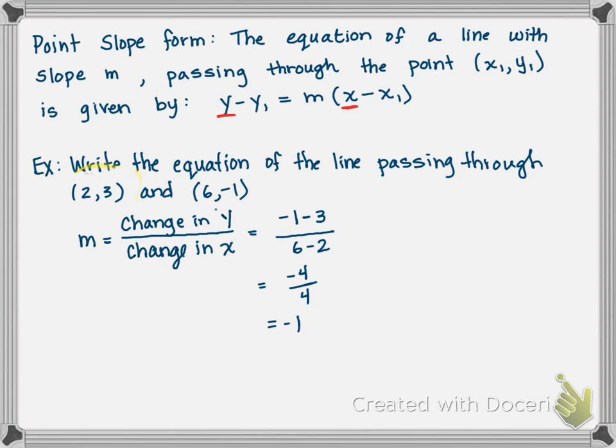So now we have our slope. That's m. Put it over here, m. And then we have 2 points, but to write the equation, we only need 1. So you can just pick either one. You're going to get the same equation either way.